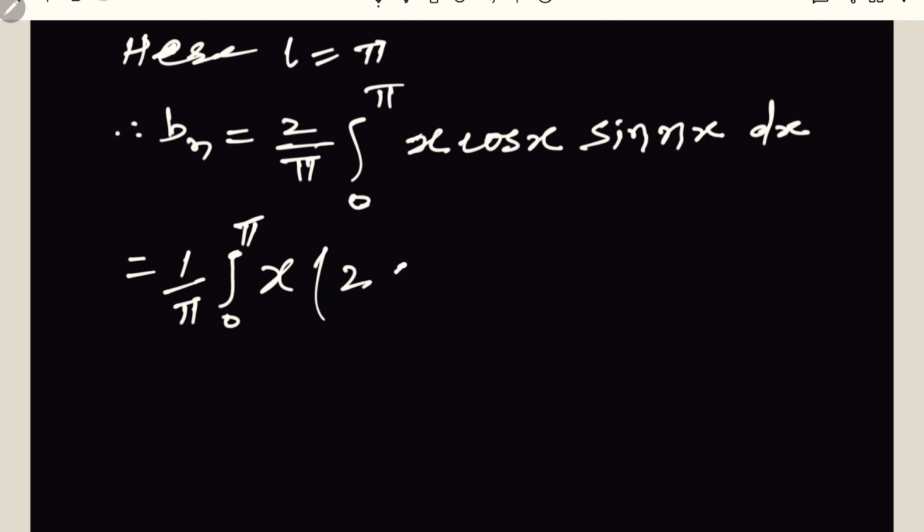Taking that 2 inside the integral sign, we have 1 by pi integration from 0 to pi of x multiplied by 2 sine of nx into cos x dx. It is in the form of 2 sine a cos b.